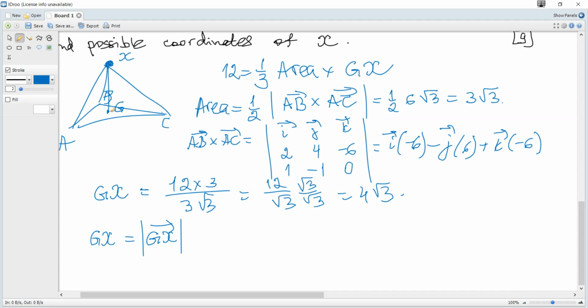Since Gx is perpendicular, and we know that if we consider the cross product of two vectors which lie in the plane, the result is perpendicular to the plane, and hence it will be parallel to Gx, and we can consider Gx as some coefficient multiplied by the vector in this direction, because our Gx vector will be parallel to this vector.